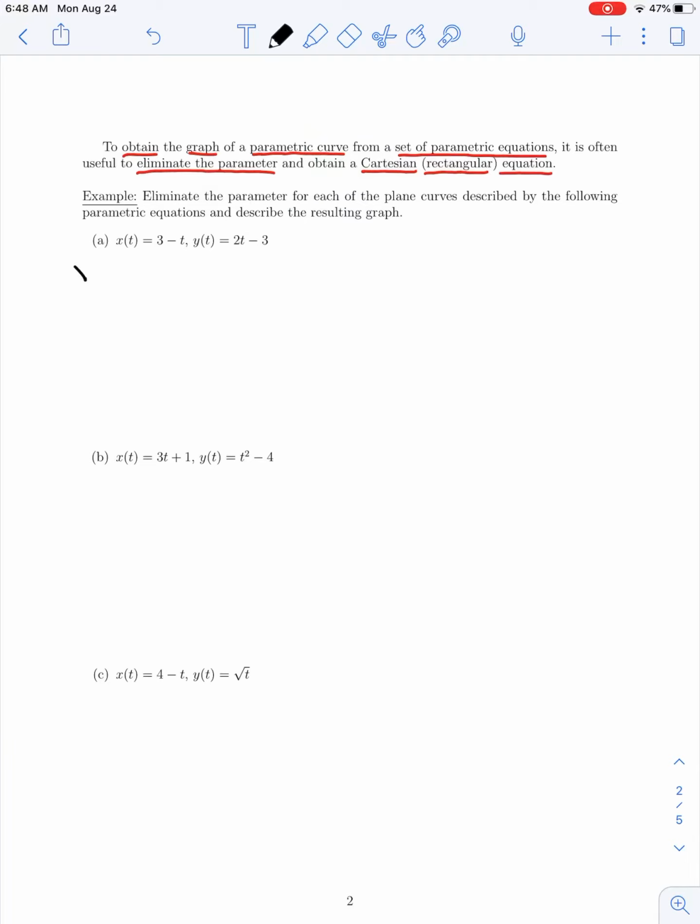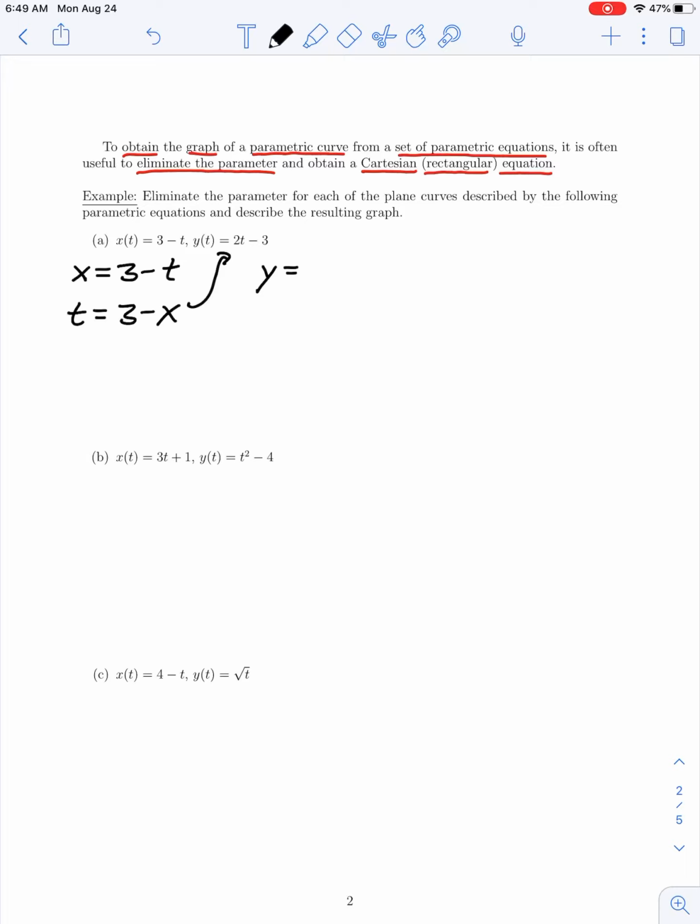So in this first example, part A, we have x is equal to 3 minus t. So if we were to solve for t, say add t to both sides and subtract x from both sides, we would have t is equal to 3 minus x. And once I have t defined in terms of x, I can take this expression for t and substitute it into my equation for y.